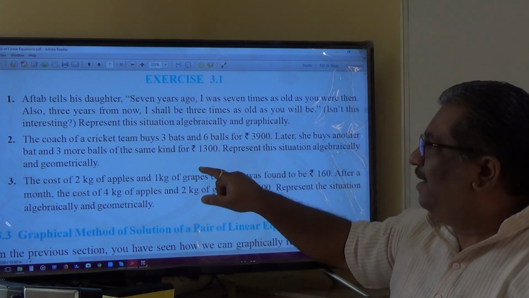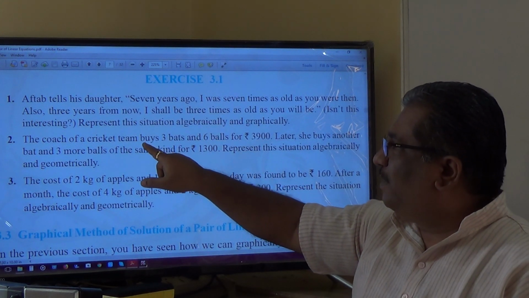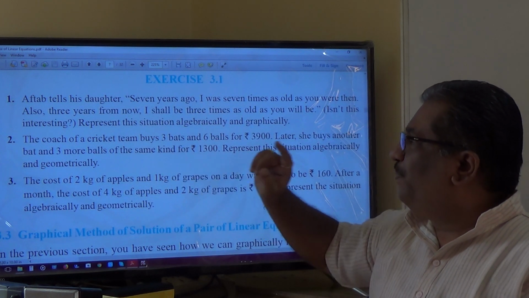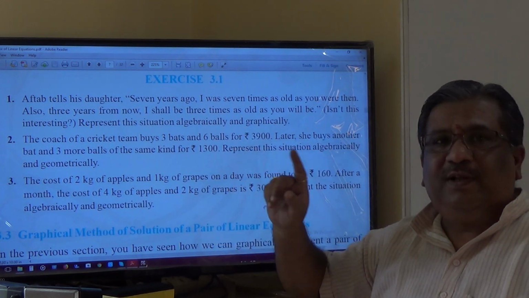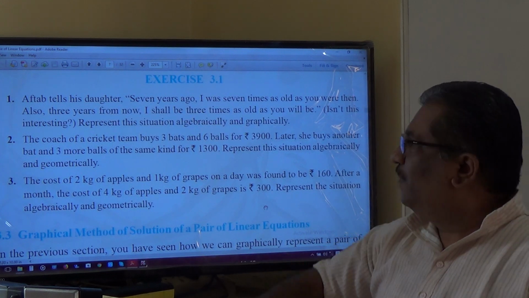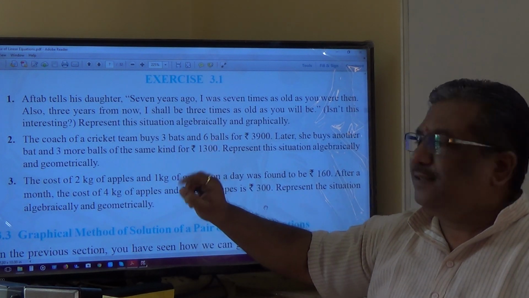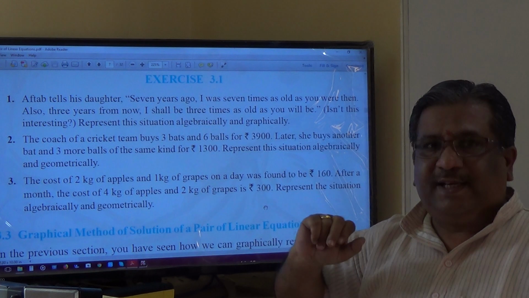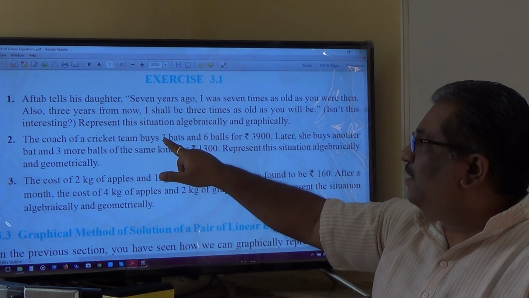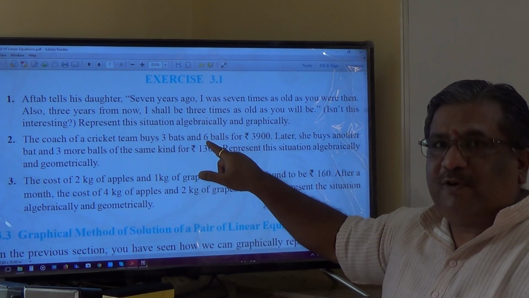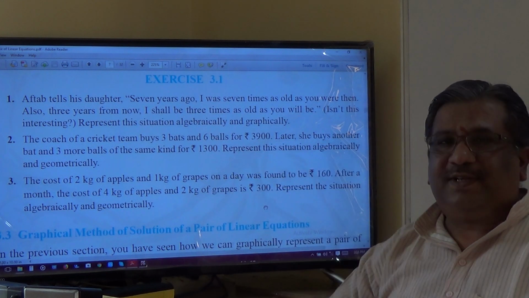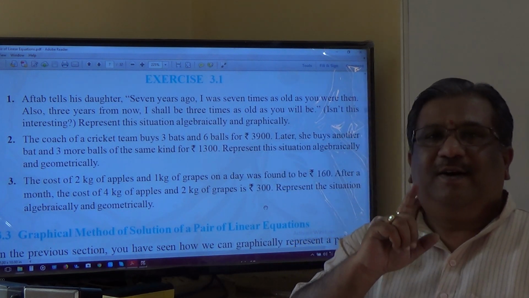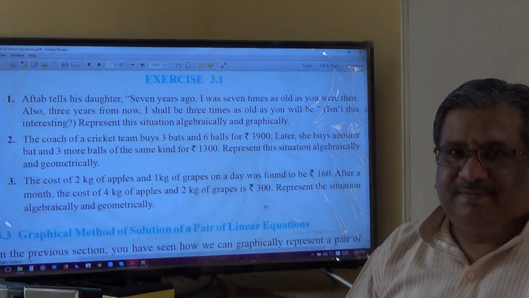Are you able to understand? The cost of each bat is rupees x. The cost of each ball is rupees y. 3 bats, 3x. 6 balls, 6y. 3 bats, 3x plus 6 balls, 6y equals 3,900. This is one of the linear equations.